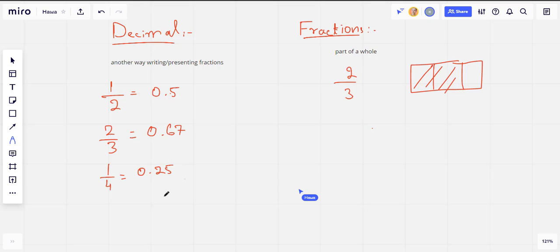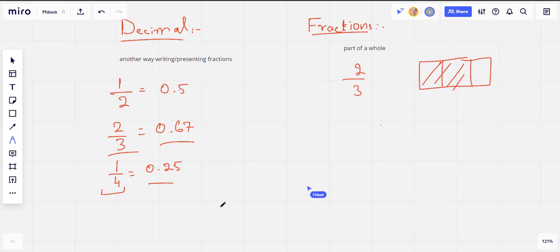So 0.25 or 1/4 both mean a quarter, a fourth part of something. That's why we say decimals are another way of writing fractions.